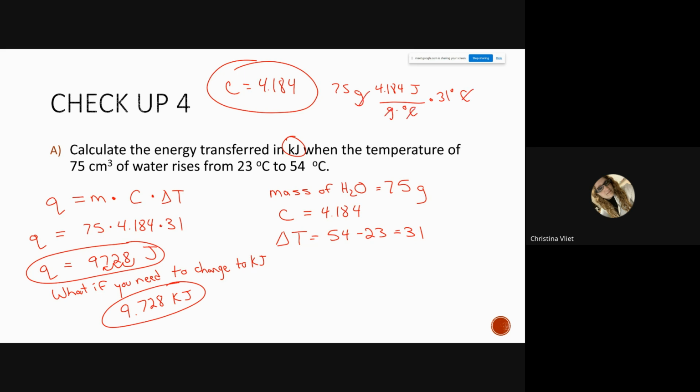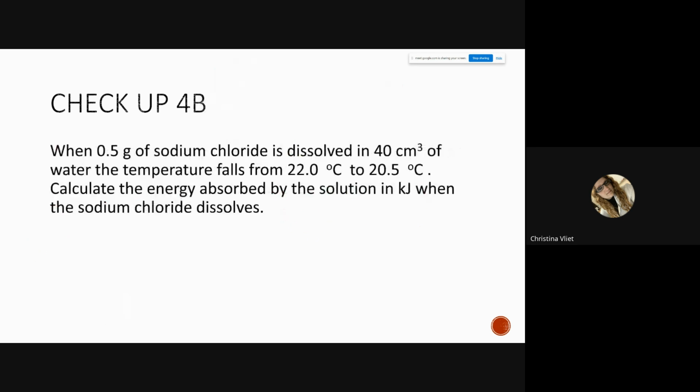So C is equal to 4.184, that's a constant. Those are the actual units, and that helps you to understand that these all cancel and you end up with joules. But you don't have to write that in. And that's actually in the formula sheet. All of that information is in the formula sheet. All you have to do is plug in the numbers here. Good? Plug in numbers, make sure your units are correct.